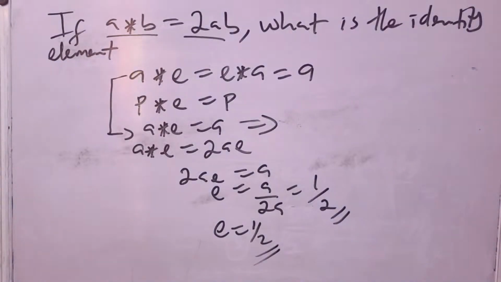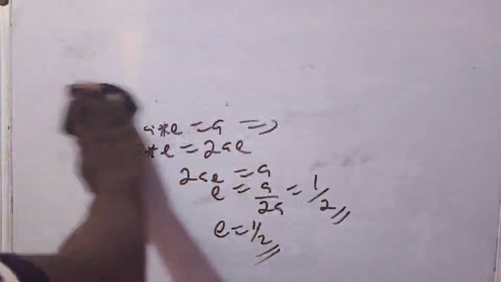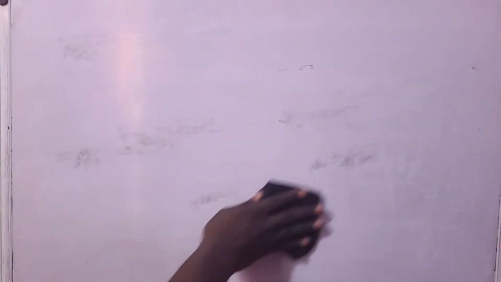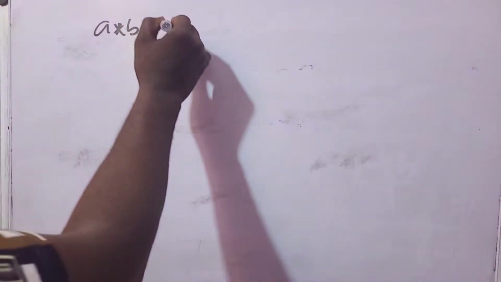All right, inverse elements. So now we have a binary operation defined on this function, A star B being equal to A plus B plus 2AB.